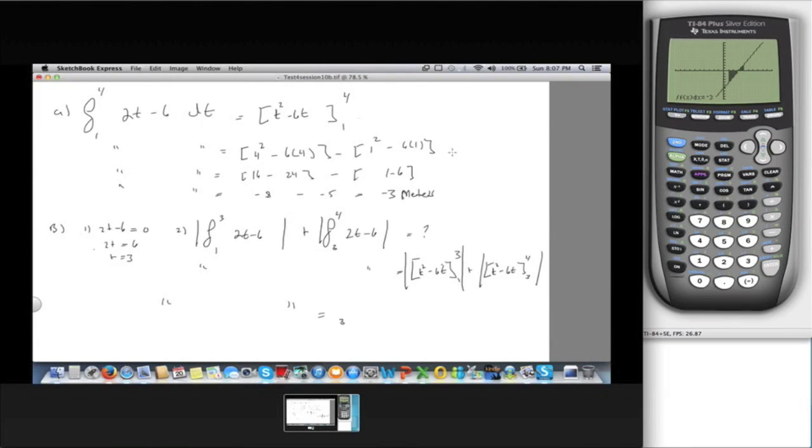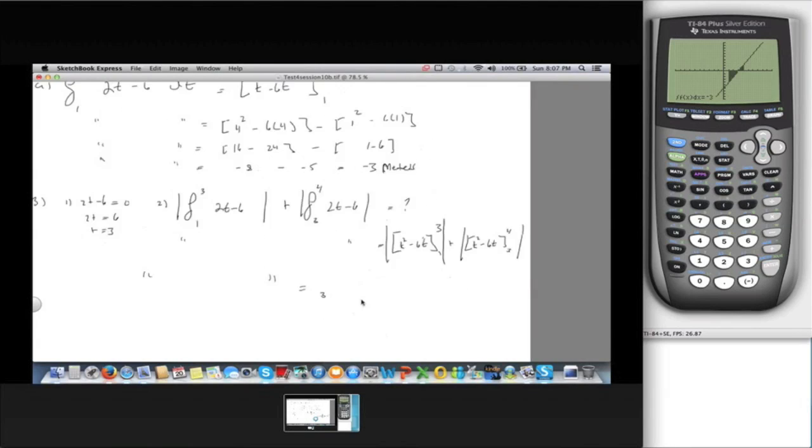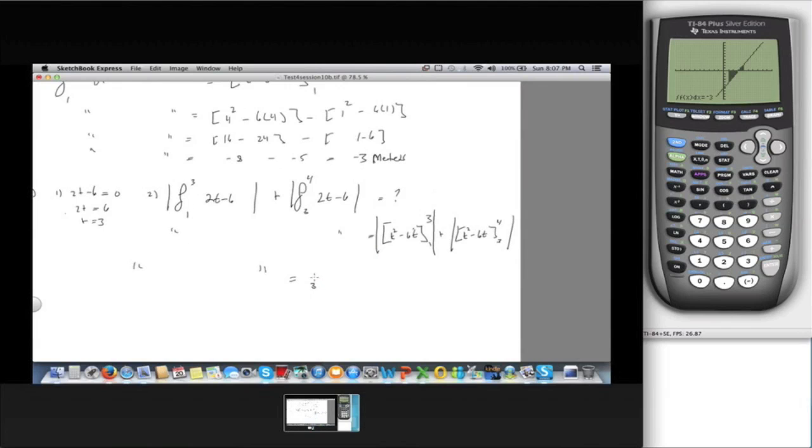We plug in 4, we plug in 1. Alright, so 3 squared minus 6 times 3. Minus, well, we know 1 was -5.